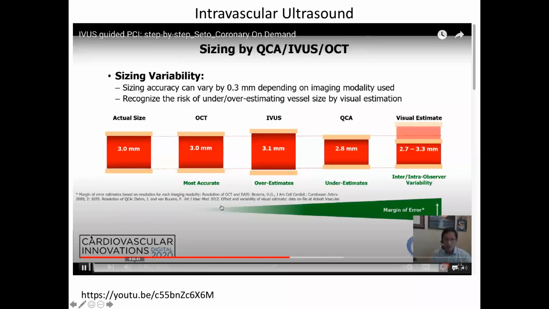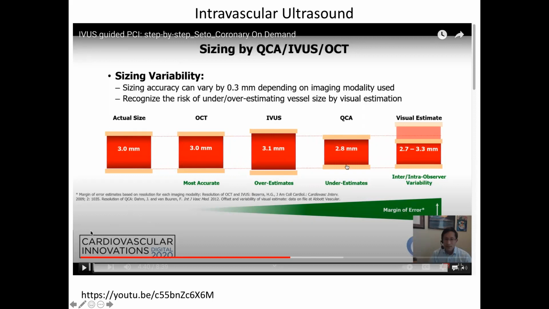And then this is some data on what happens with all these different technologies. If you have a true known diameter, say of 3 millimeters, OCT nails it at 3 millimeters. That's probably the ground truth, right? IVUS overestimates its size a little bit.